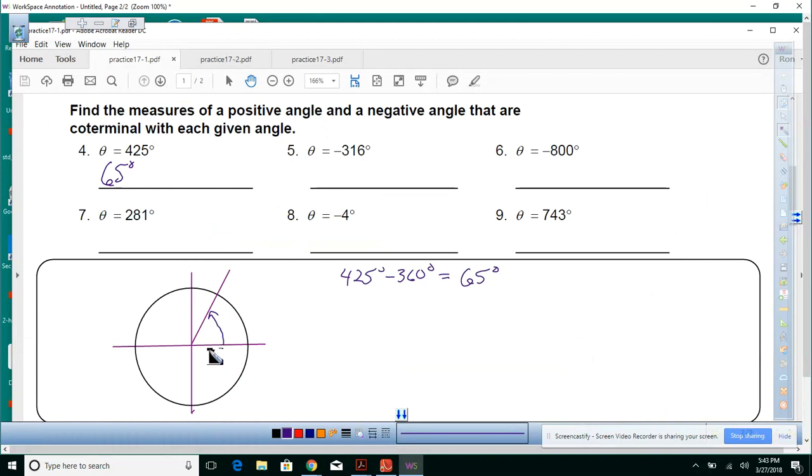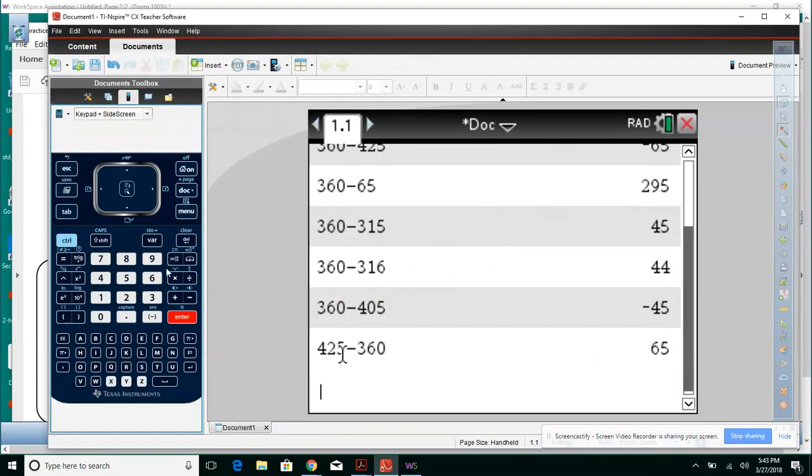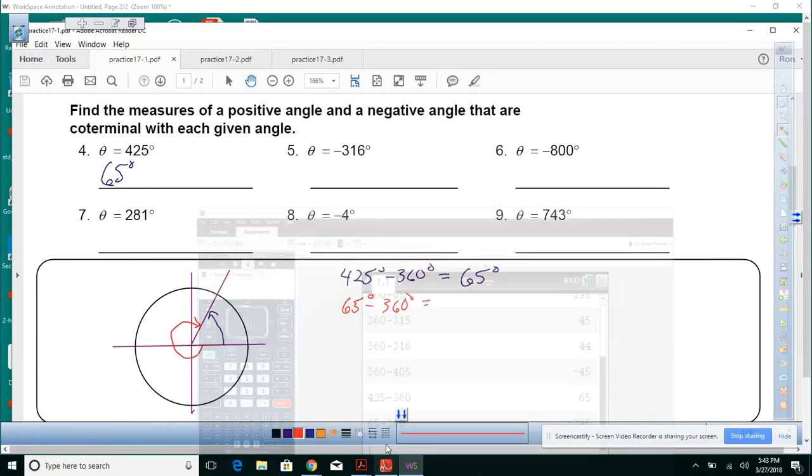All right. Now, what about going from here back around to there? How many is that? Okay, so we're going to take 65 degrees, and we're going to subtract 360 degrees from that. And what do we get? 65 minus 360, and we get negative 295 degrees.